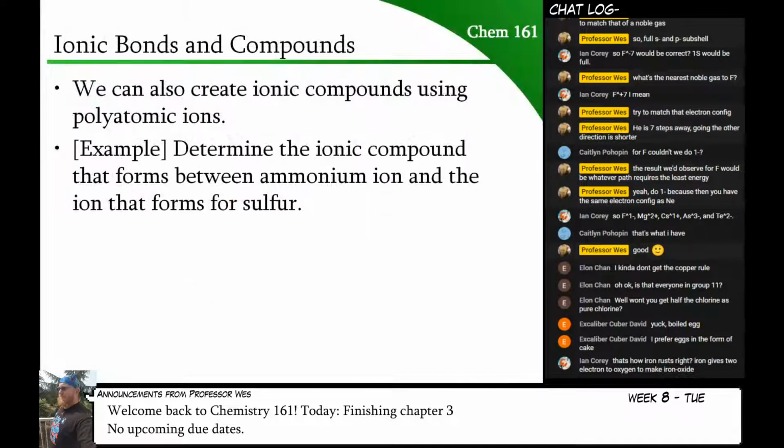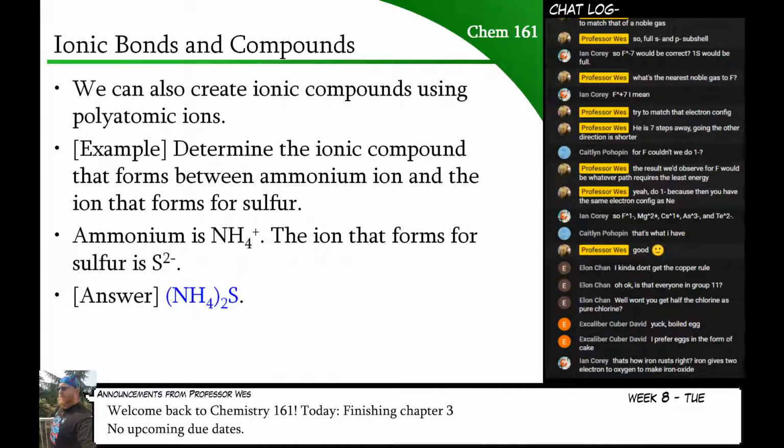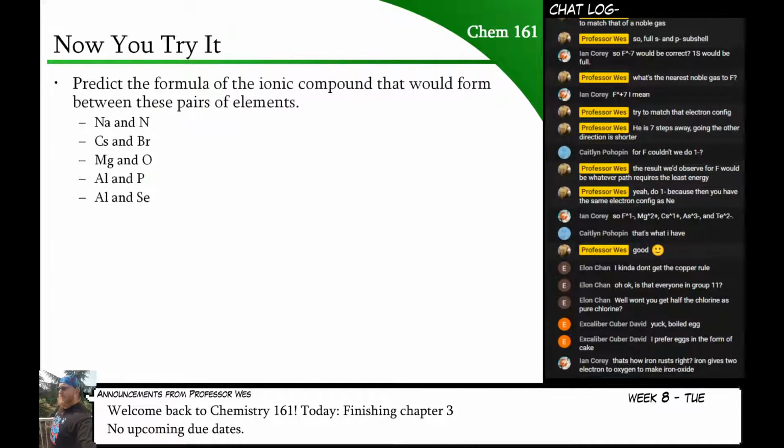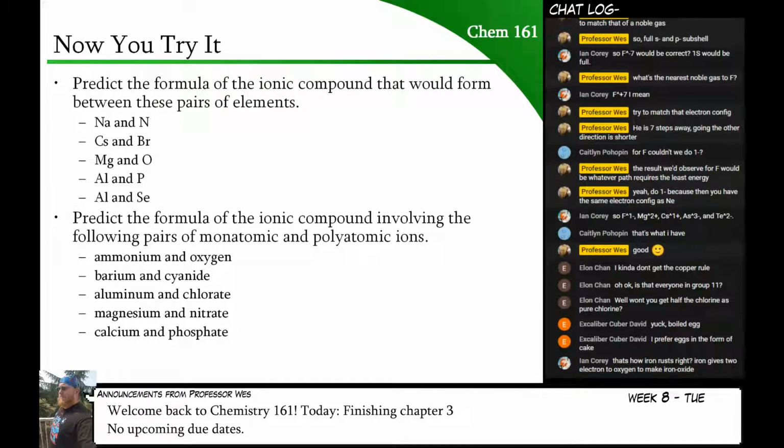Alright, so I'm going to put some of these on the board here for you to try. What I want you to do is predict the formula that would form between each pair of elements by writing out the electron configuration. Once you know the correct ions that form from the electron configuration, balance the charges to make the formula of the ionic compound.